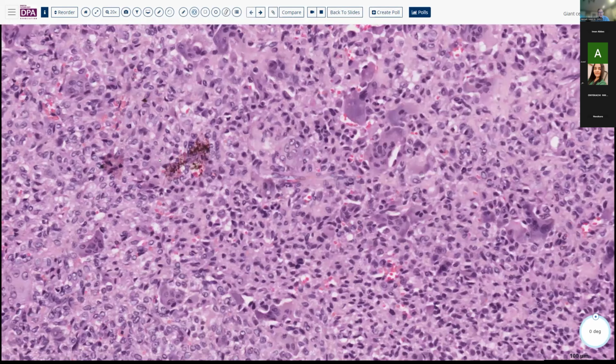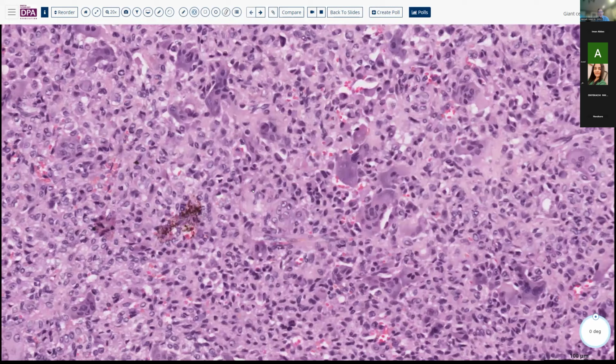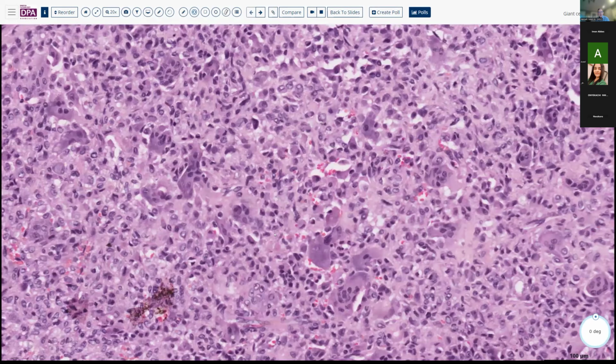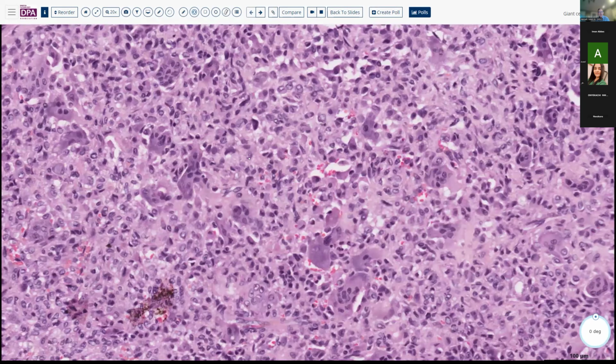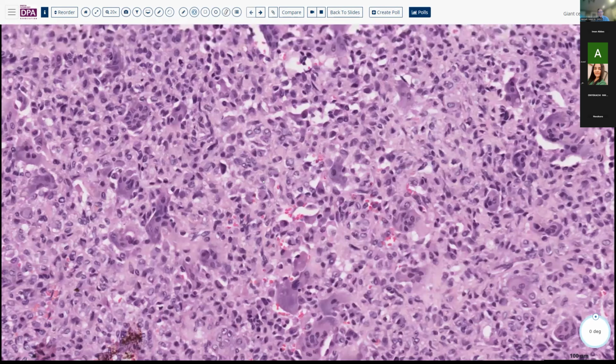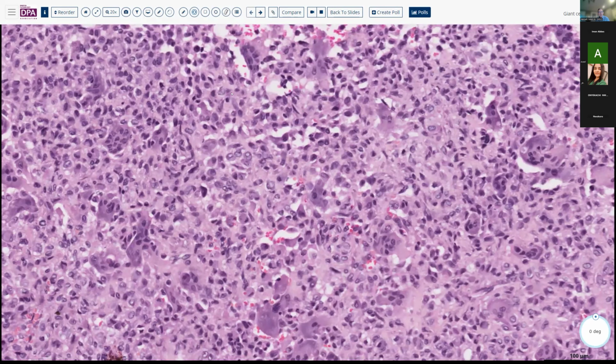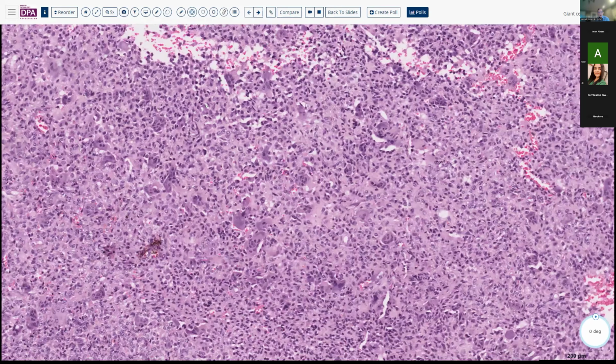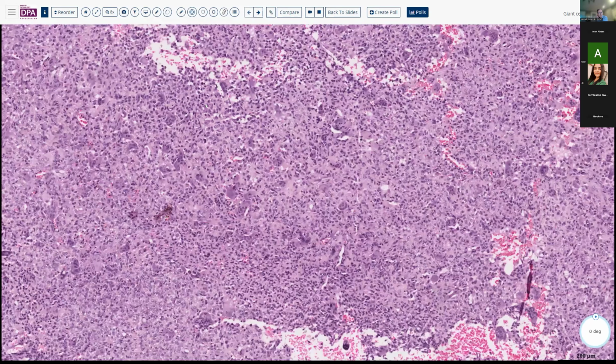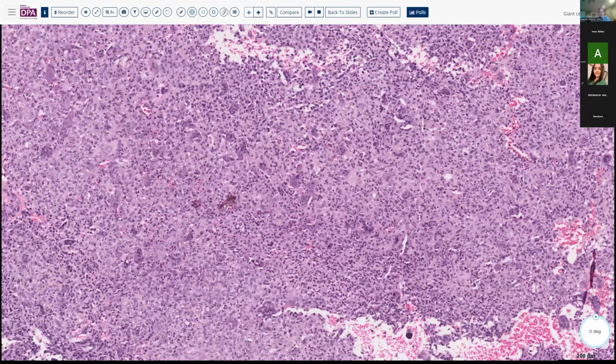We may have some hemosiderin deposition here in areas, and then we see the giant cells. Now, the giant cells are sort of osteoclast-type giant cells. The nuclei are not arranged in a circle per se. They look fairly similar, the nuclei, to the surrounding stromal cells, which is a feature that traditionally we would look at to characterize giant cell tumor of bone.